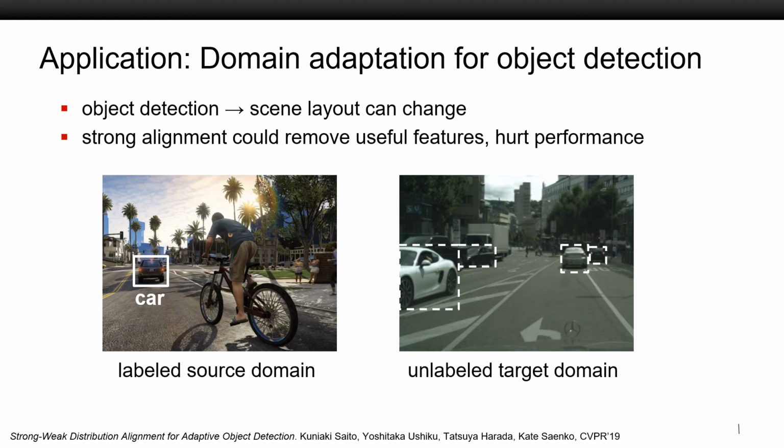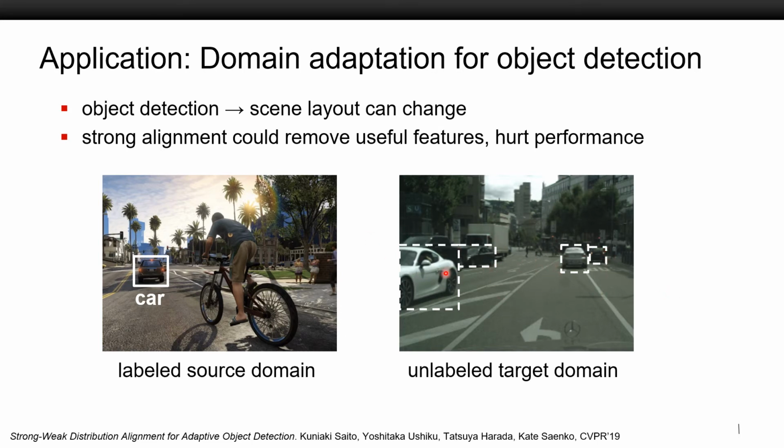One problem with object detection is that the scene layout can change between the source and the target domains. What I mean by that is images in the source domain might have different layouts. For example, maybe just one or two cars, whereas in the target domain we might have many cars.